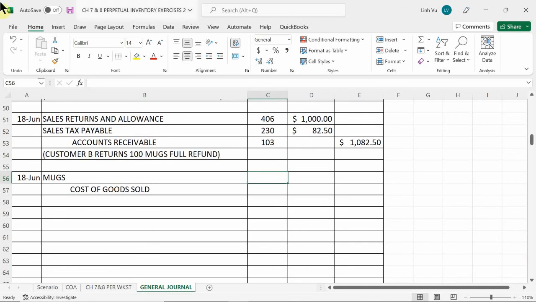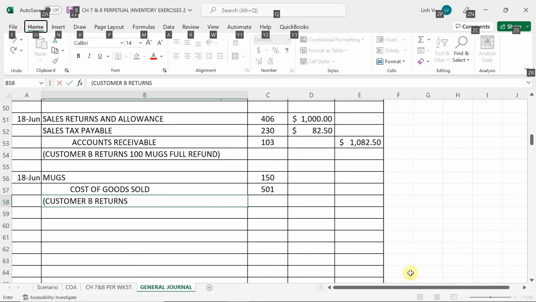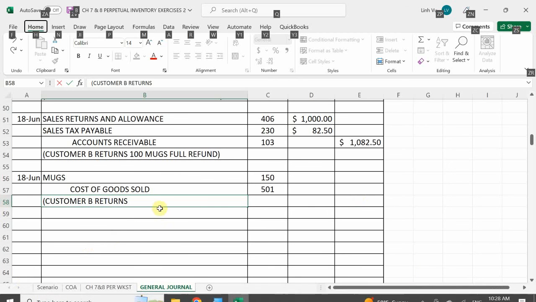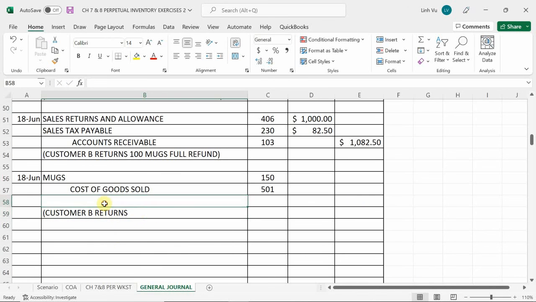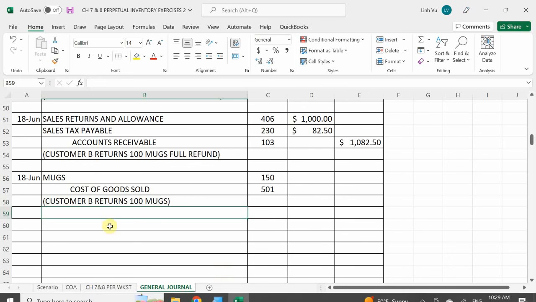So we need to figure out, and I'm going to go ahead and put customer B returns 100 mugs. We need to figure out what that calculation is.